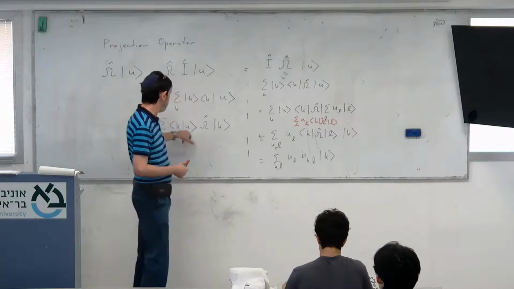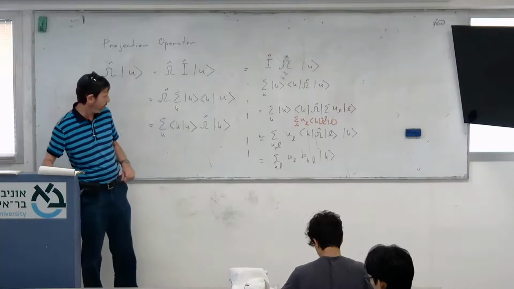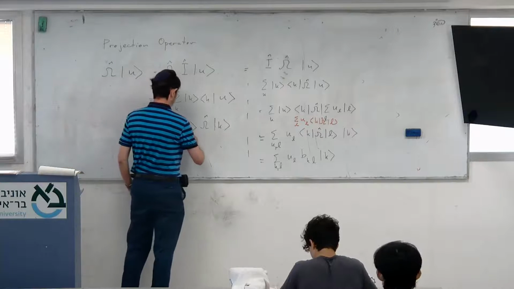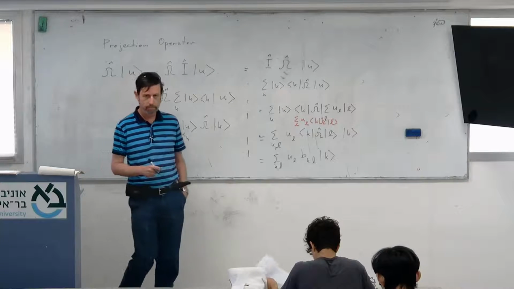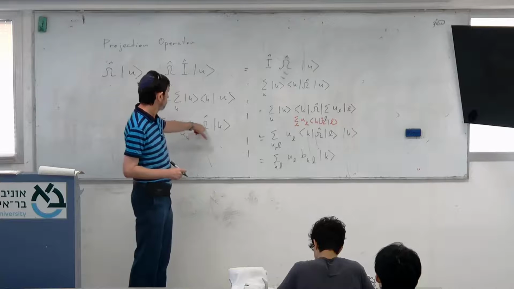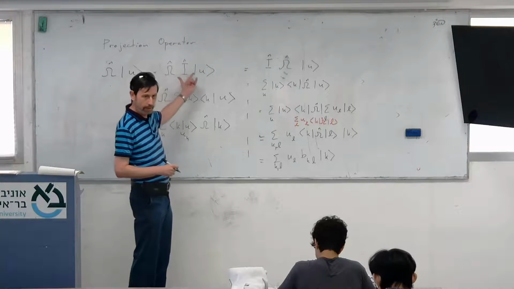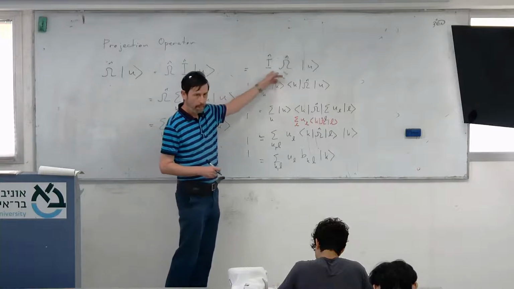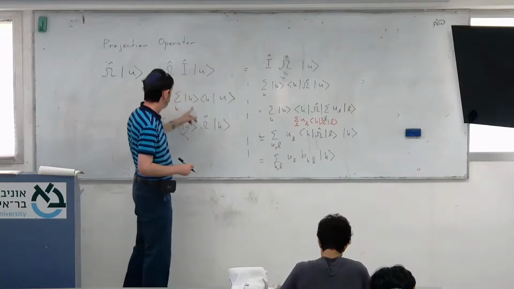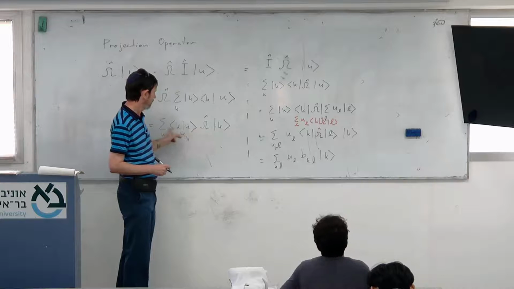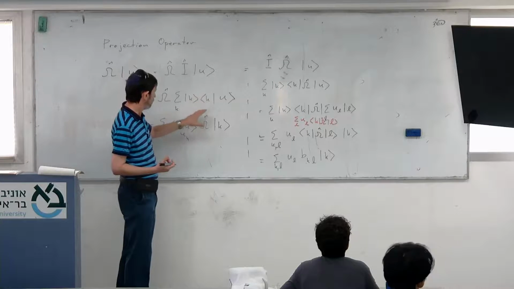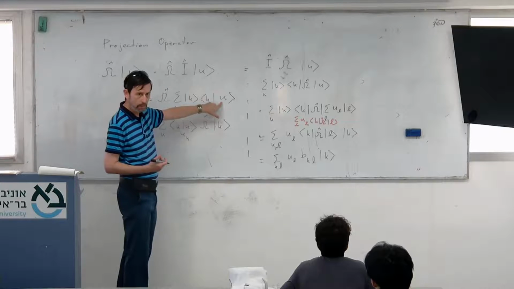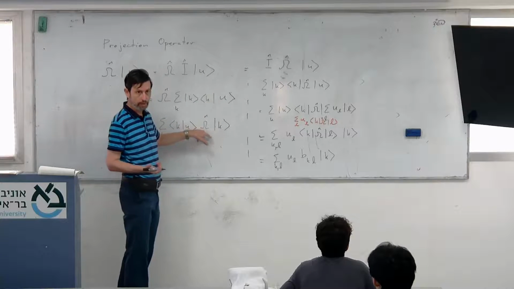This route didn't help me much because here I just got the same result, because all I did is take out this scalar and move it before the operator because it's a number.